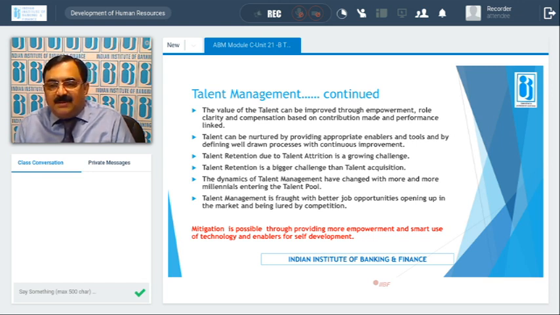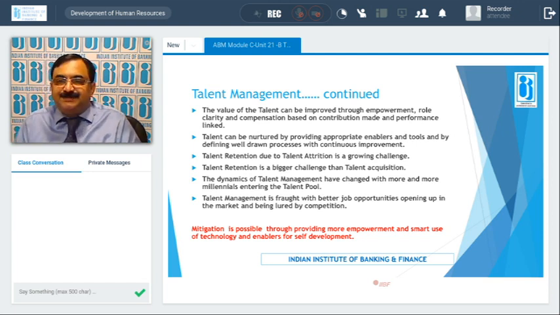So actually, a lot of coaching, mentoring, and self-development initiatives are required, so that they are always able to stay back, and they don't get lured by other external factors from the competition. So mitigation is possible provided those steps are initiated.